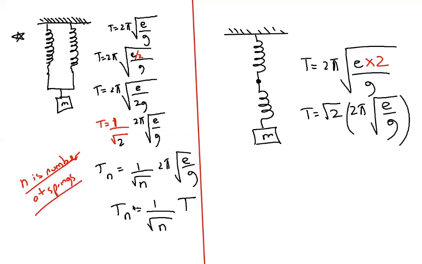So you can see we have the T here and we have the number of springs here. T is constant and this T is what we're going to find. So if my n is great, Tn is going to be small, right? But in this scenario, if my n, oh, lol, I literally erased this. It was Tn is equal to under root n into T. But in this scenario, if my n increases, T is going to go up as well. I hope that makes sense.